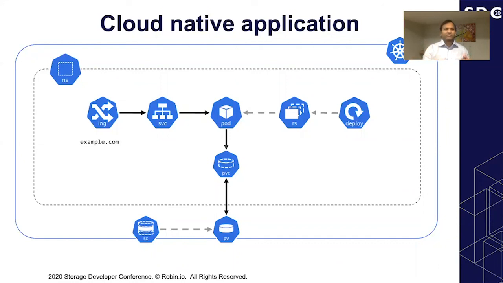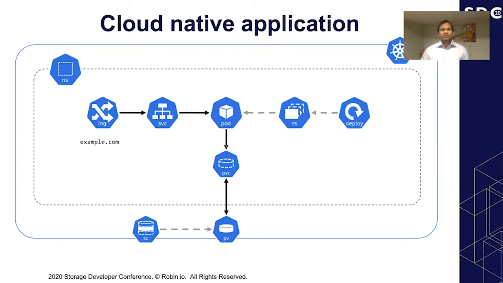In this case it's one service, but there can be multiple services talking with each other, and these services are backed by pods which actually run the applications. A pod is nothing but one or two containers residing in the same namespace.